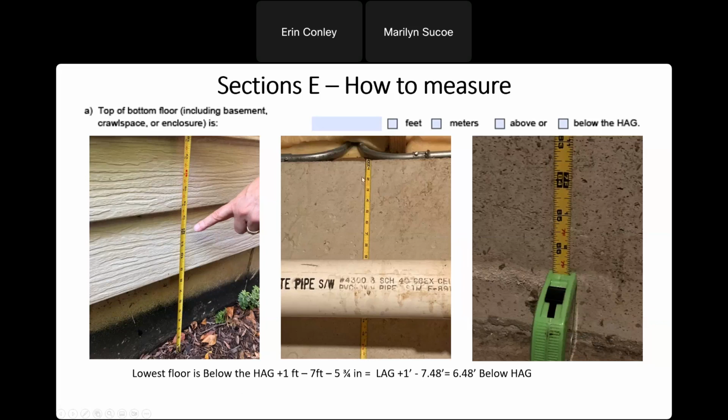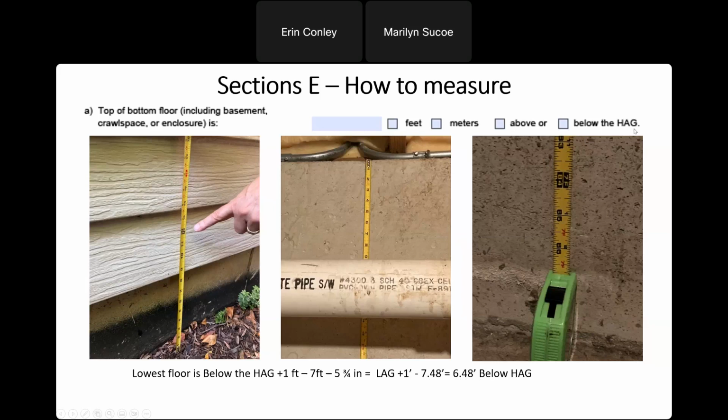Go into the basement, you measure the depth of that foundation down to the bottom floor, and it is at 7 feet 5 3/4 inches. And so that then is subtracted, and I apologize, there's a typo here. It should say plus 1 foot minus 7.48 equals 6.48 feet below the highest adjacent grade. So the top of the bottom floor, in this case a basement, would be filled out as 6.48 feet below the highest adjacent grade.